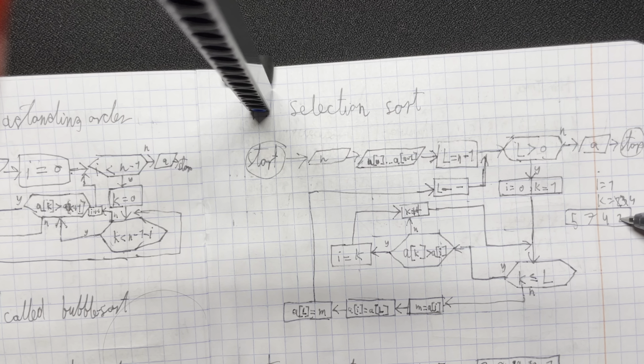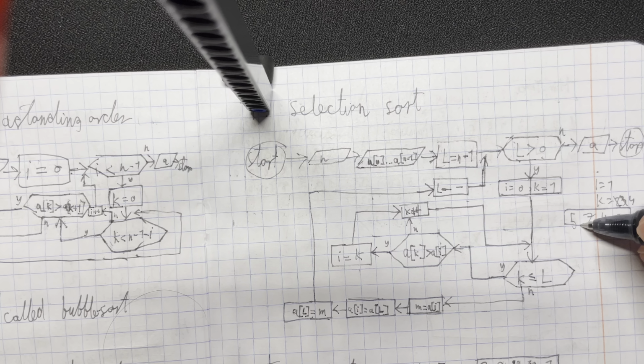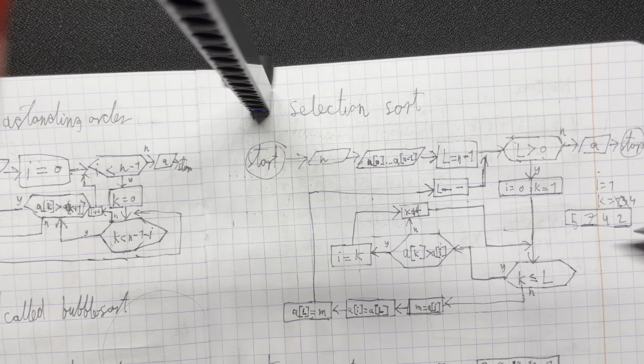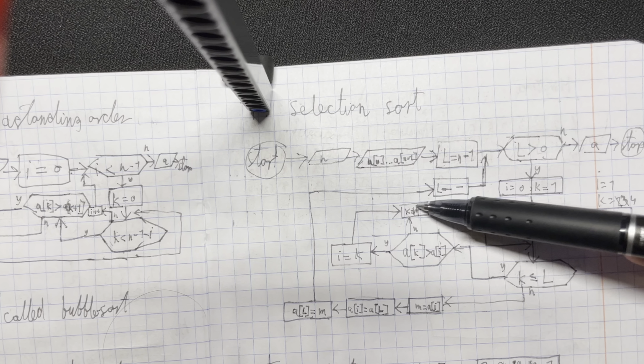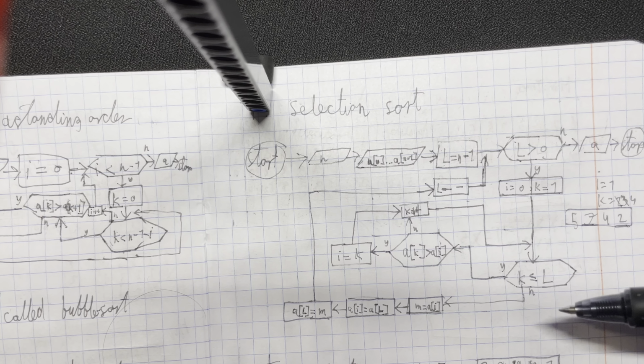We swap a[L], the last number, with our biggest number, because this loop over here checks for the biggest number in the array. After we find it, we keep its index, and then we put it at the last position.